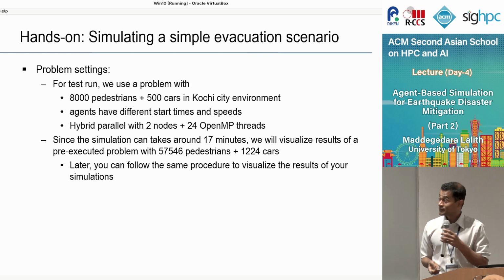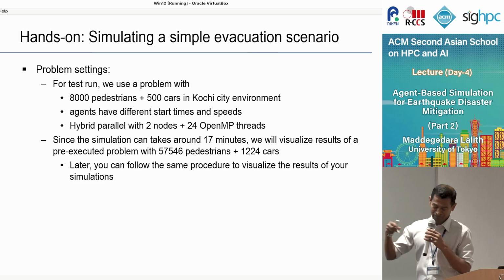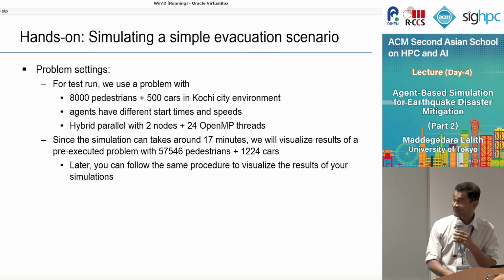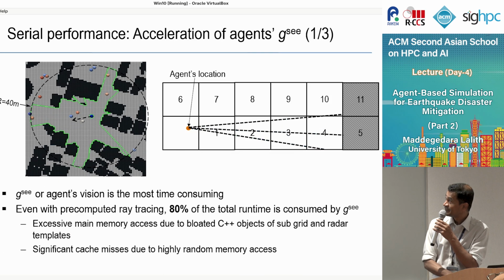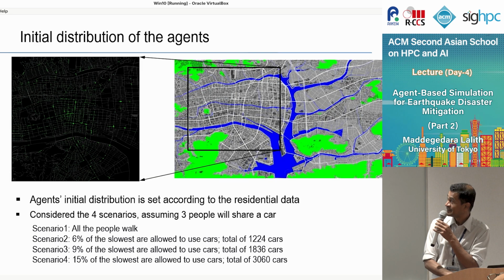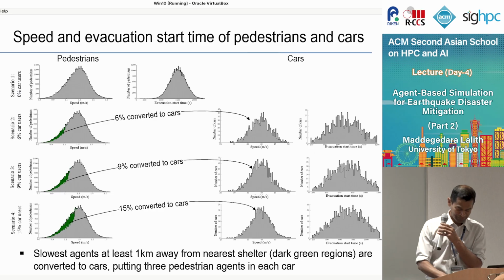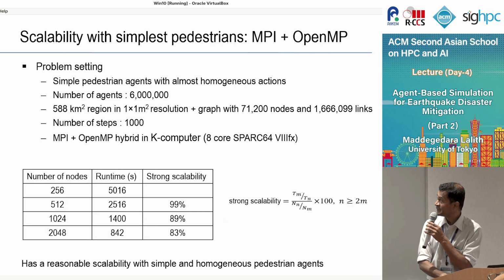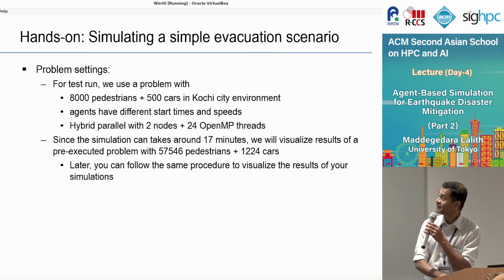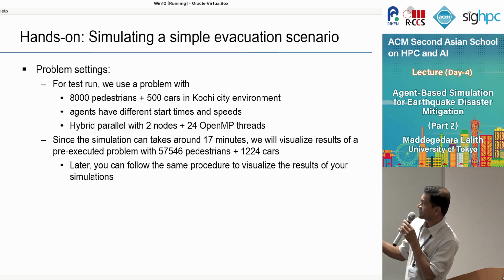Okay, let's move to the hands-on. For this hands-on, I will use that problem we discussed earlier. Which one? This one. I think the problem setting is either this one or this one. Your current problem is set to use 8,000 pedestrians and 500 cars.